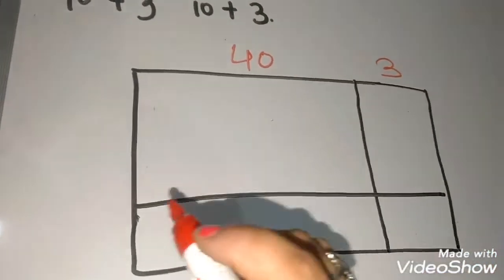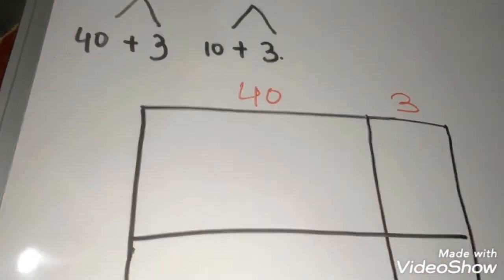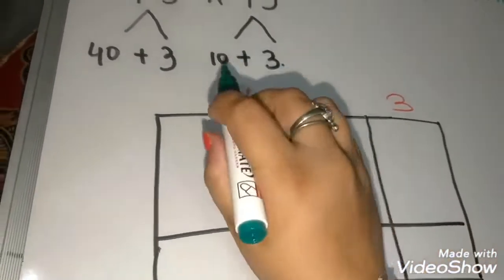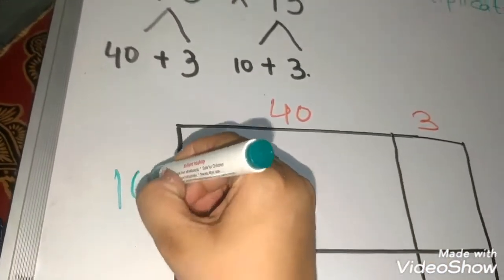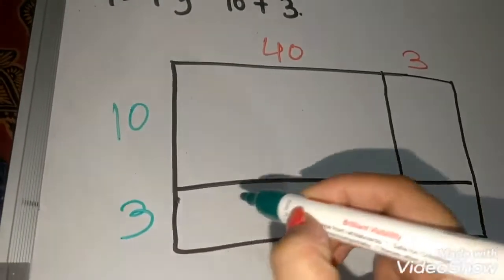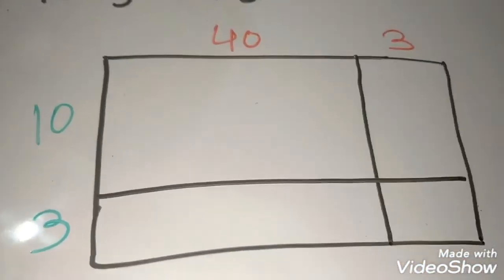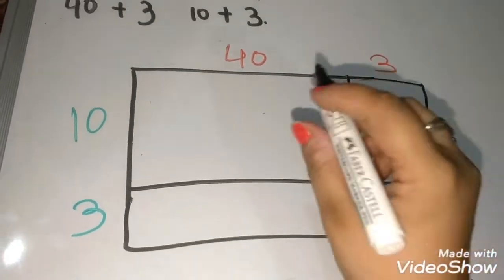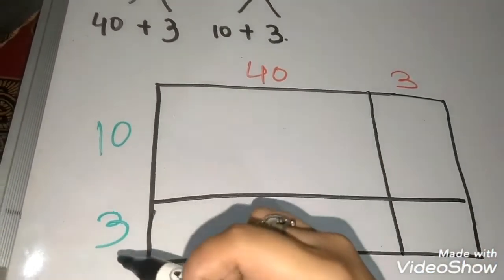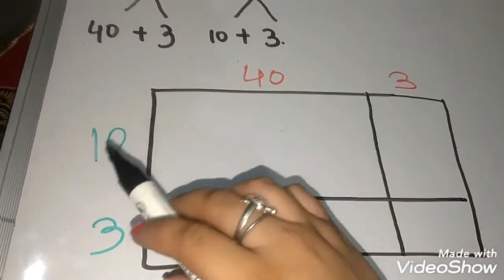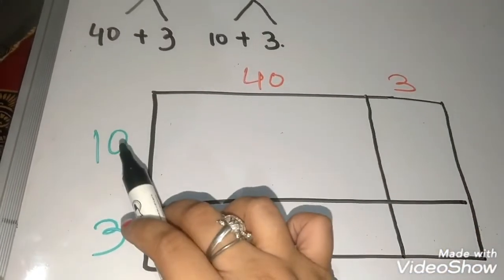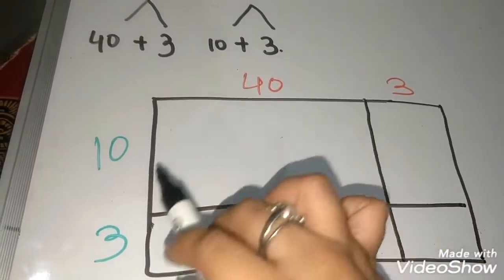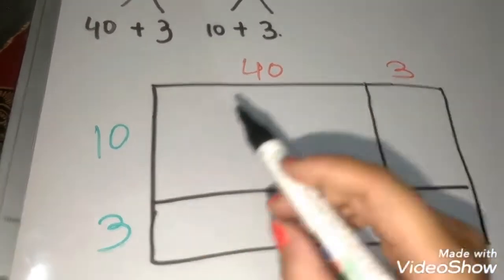Second number I have to write here, 10 and 3. Now I have to multiply both the numbers with these two numbers. 40 with 10 and 3 with 10. Again 40 with 3 and 3 with 3.